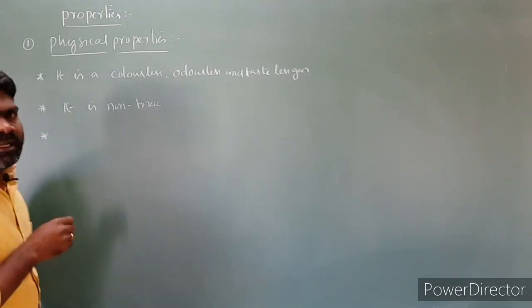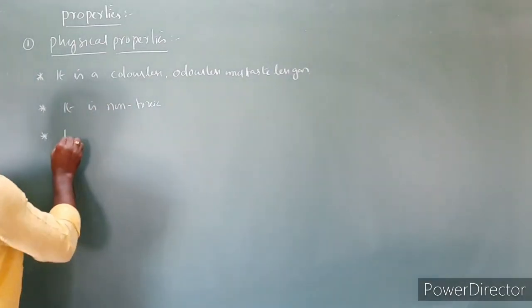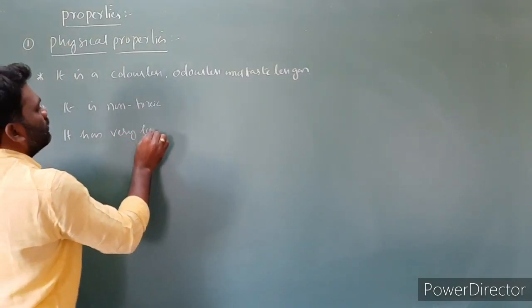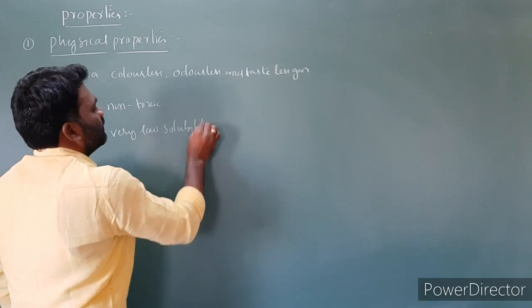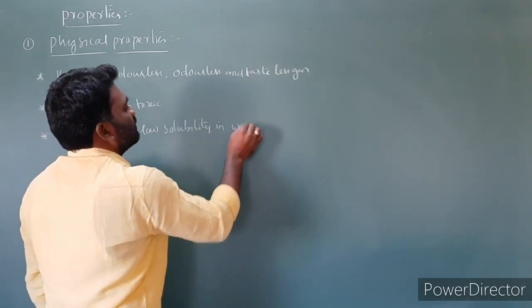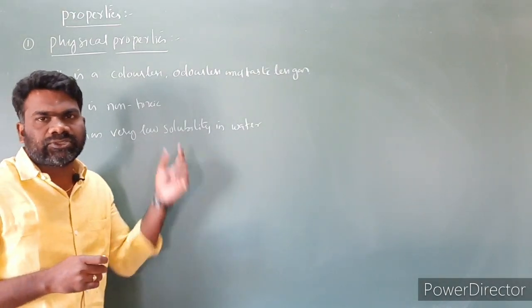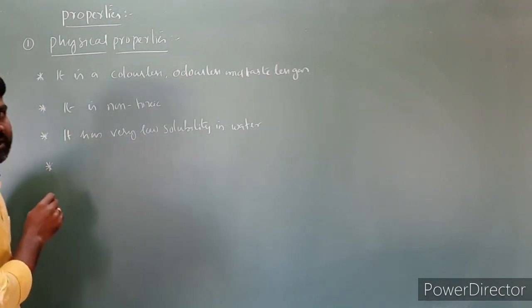Next one is it has very low solubility in water. So in water nitrogen gas is very less soluble. And the next one is nitrogen has two isotopes.